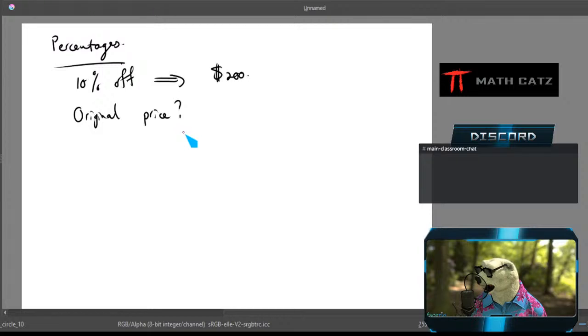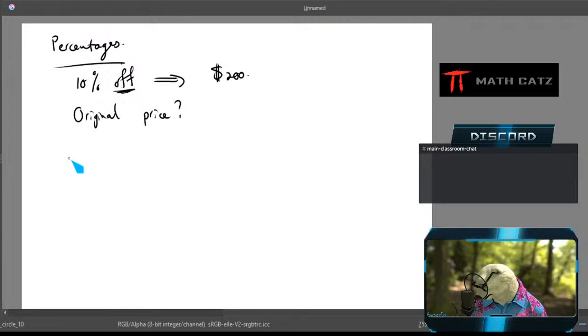Usually I take a percentage decrease in this case from an amount, the original amount, and then I get a result. Now I have the result. I want to know what was the original amount.